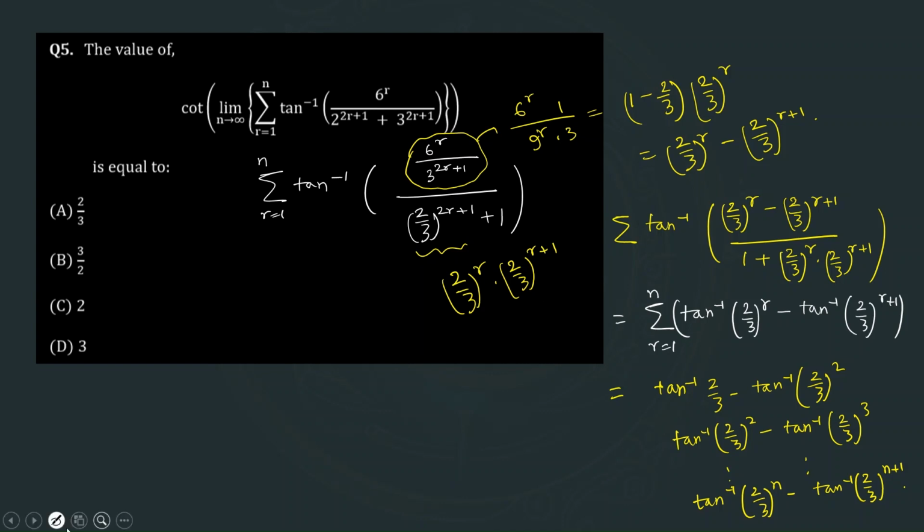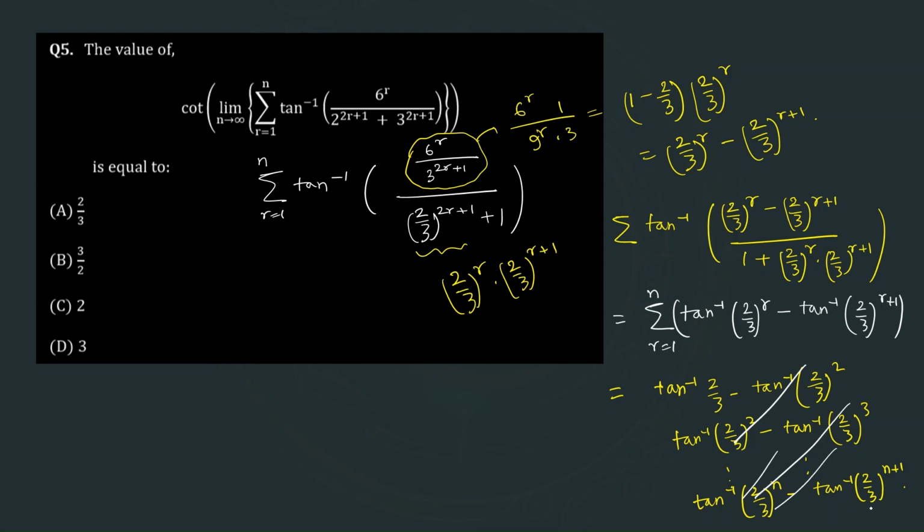And if we sum up all these terms, this will get cancelled. So we will be left with tan inverse 2 by 3 minus tan inverse 2 by 3 whole to the power n plus 1. So if we tend n towards infinity, this term will become simply tan inverse 0.